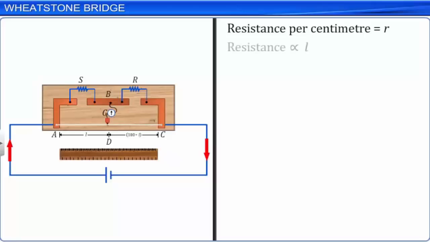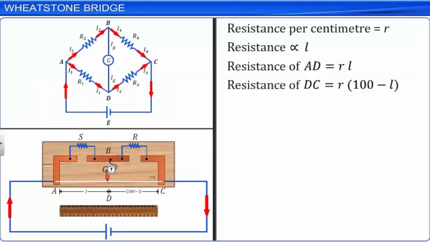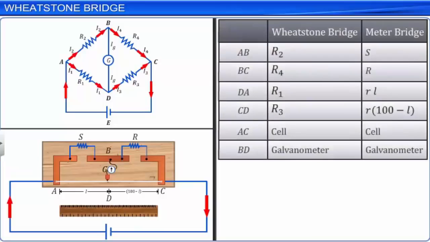Thus, the resistance of the AD part of the wire is equal to R into L. And the resistance of the DC part of the wire is equal to R into 100 minus L. The Wheatstone bridge and meter bridge circuits are very similar. The table shown gives the comparison of resistances between the Wheatstone bridge and the meter bridge.